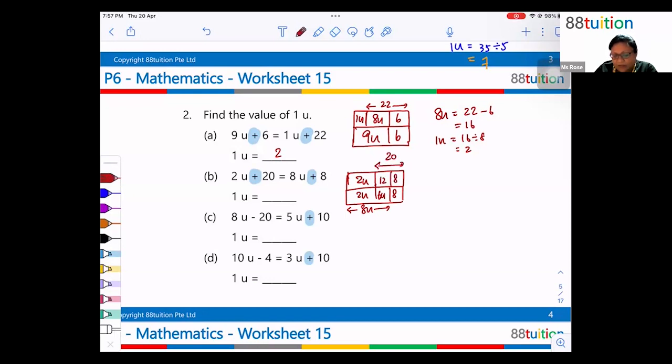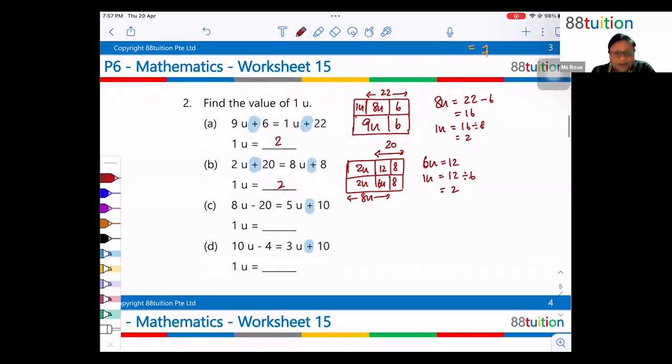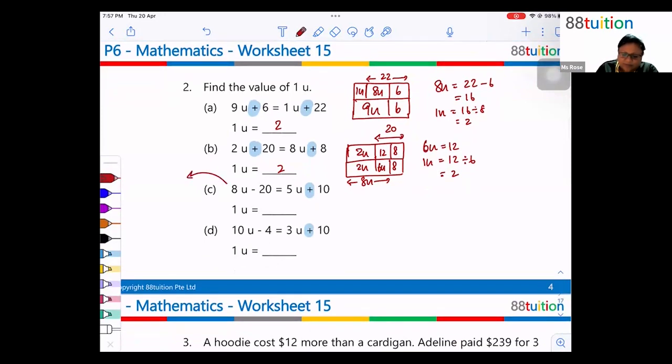I take 8 and 12. That means 6 unit is equal to 12. So 1 unit will be equal to 2. If you're comfortable with the model, you can use the model. Otherwise, we will use the direct method. So you have 8 unit minus 20 is equal to 5 unit plus 10. Now what do I do?